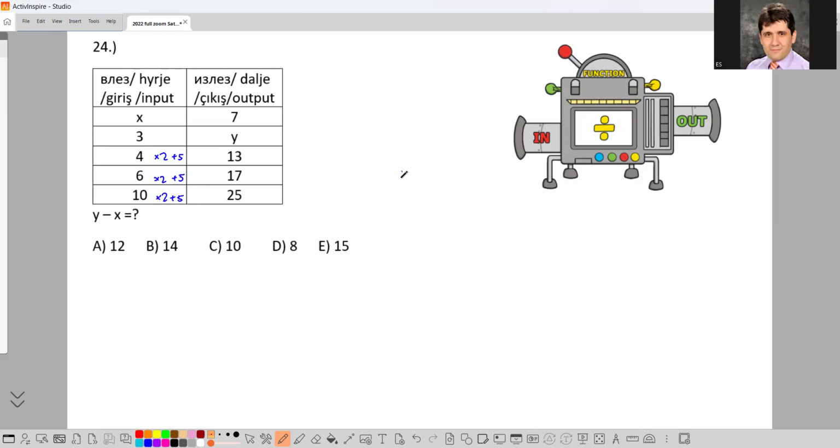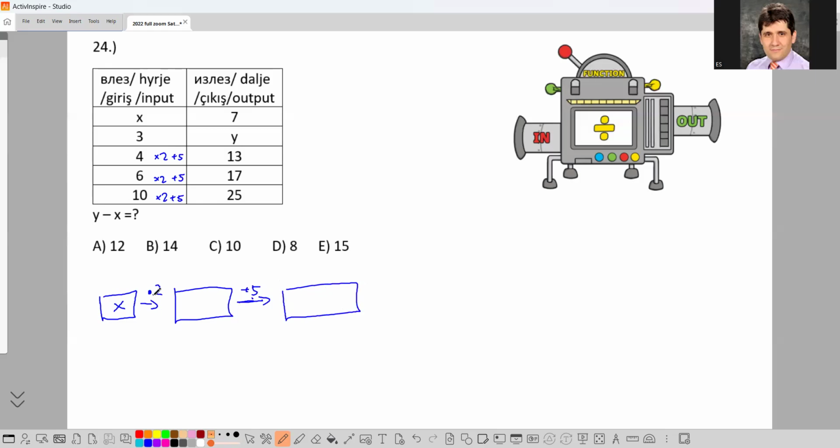So the pattern is you get the input, this is the input, x. You multiply it by 2, and then you add 5 and you get the output, right?